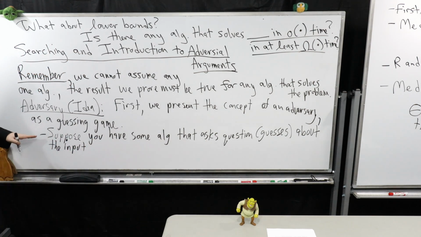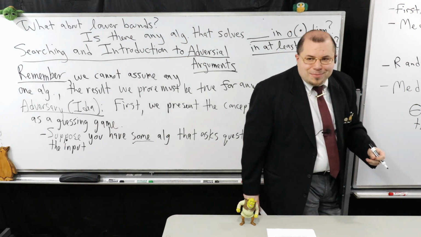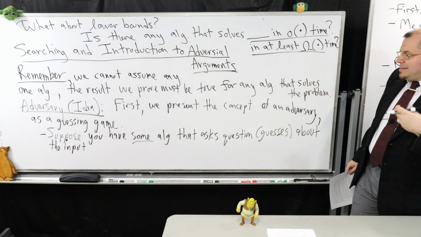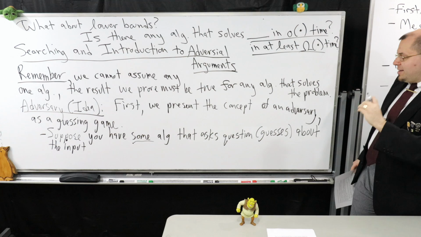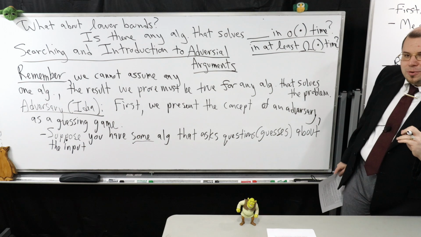Now remember, I'm saying some algorithm. I'm not saying any one particular one. I'm just saying that you give me some algorithm. And so just to reiterate, suppose you have some algorithm that asks questions about the input.